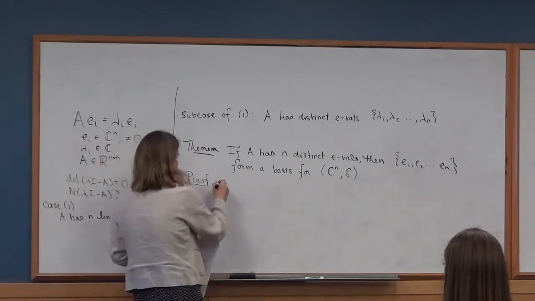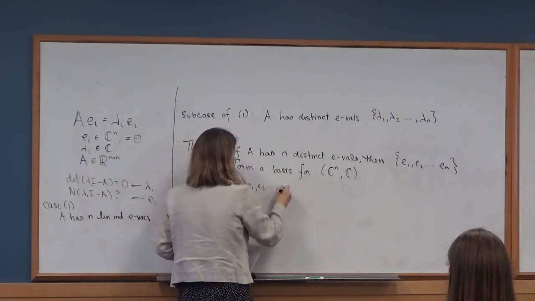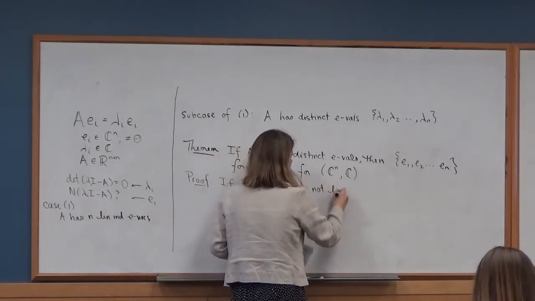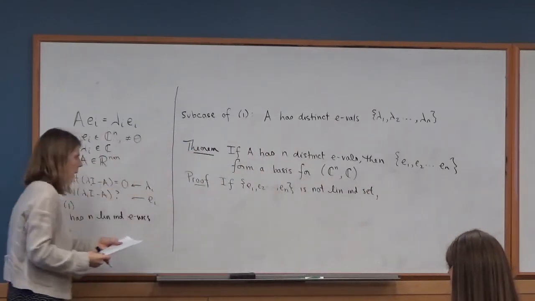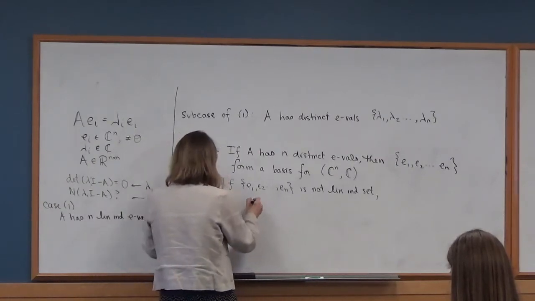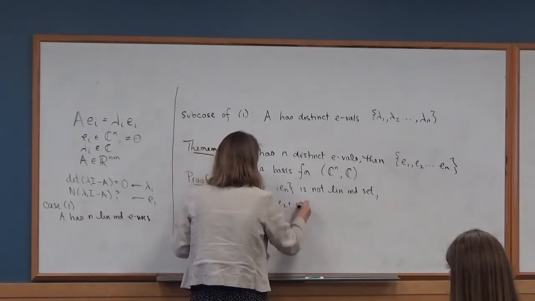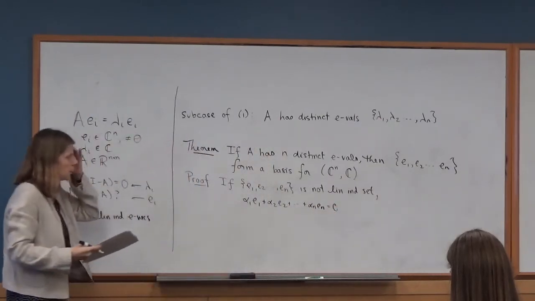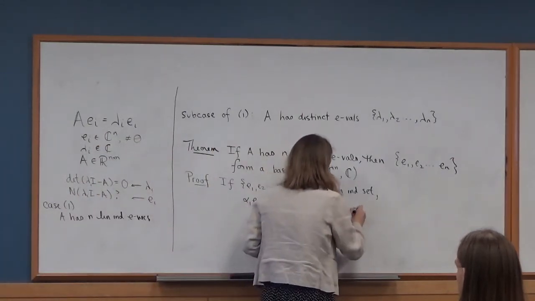All right, so if this set of eigenvectors E1, E2, is not a linearly independent set, then what that means is that you can look at a linear combination of these eigenvectors. So you've got alpha 1 E1 plus alpha 2 E2 plus alpha n En is equal to 0, where at least one of those alpha i's, so those alpha i's are complex numbers, is not 0.